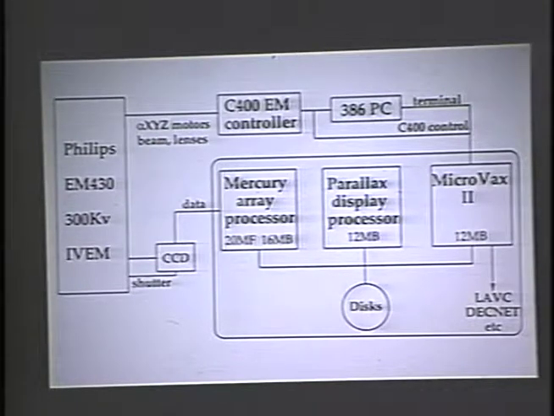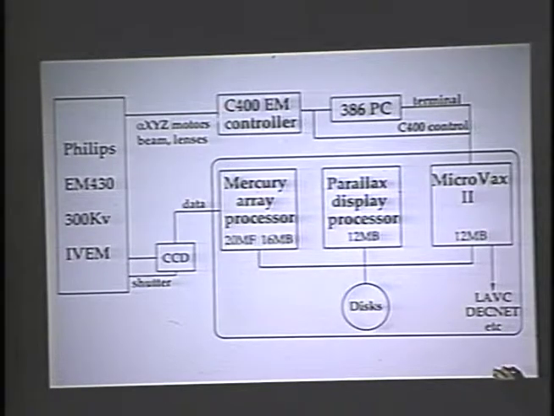The data is fed from the CCD system right into a computing network, built from a MicroVAX system, a very high performance Parallax display system, and a Mercury array processor, so that the data can be processed pretty much on the fly as it comes in. This allows you to do things like online Fourier transforms and online image enhancements as you collect the data.